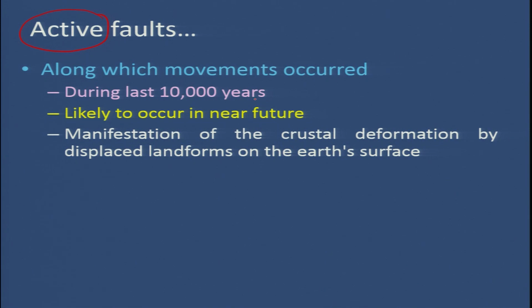And if you remember, we have been emphasizing this 10,000 years, the Holocene epoch. If an earthquake is likely to occur on a particular fault in the near future, then we will classify that as an active fault, and a manifestation of the ongoing crustal deformation by displaced landforms on the surface is observed.